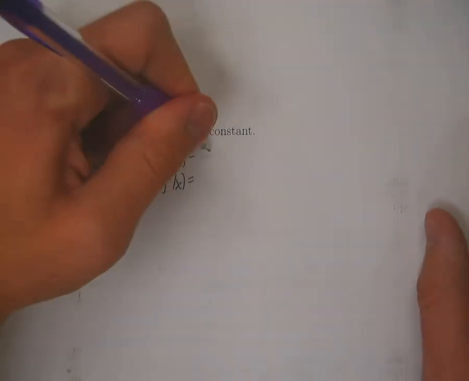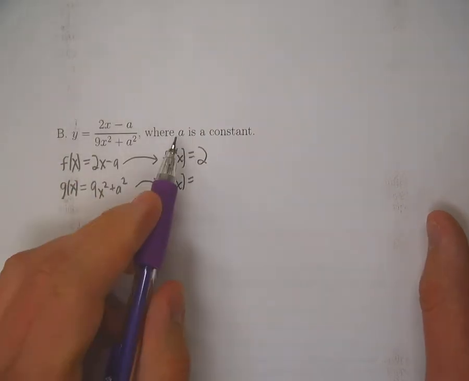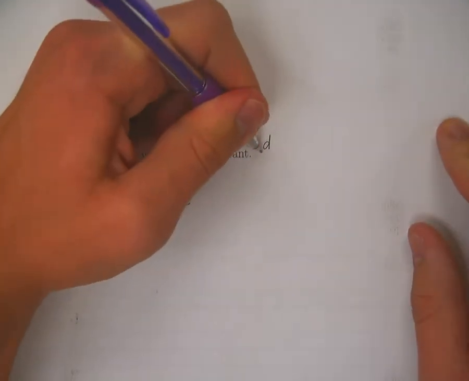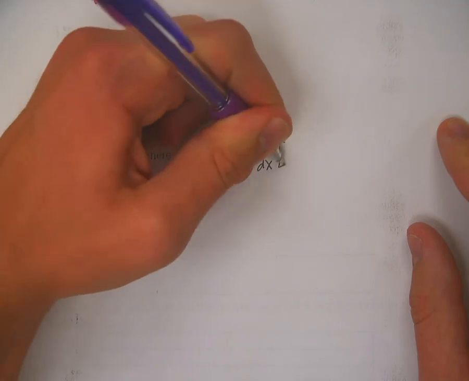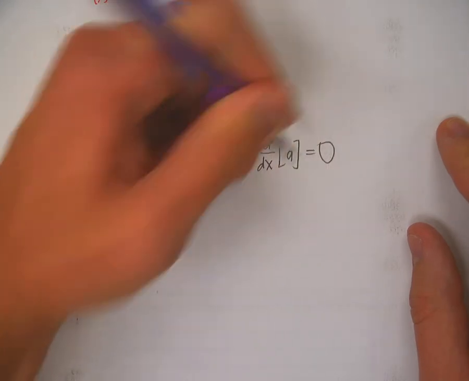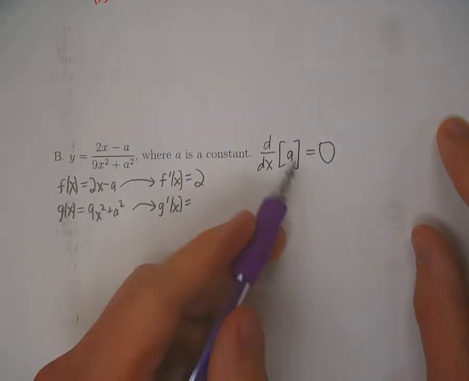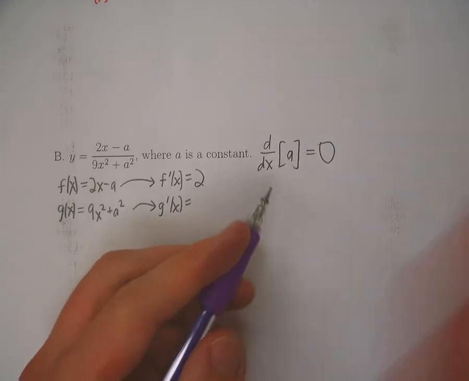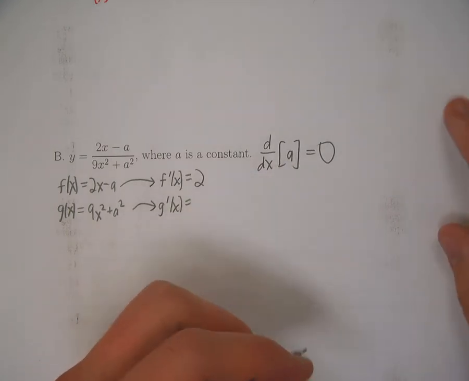It's 2, right? Because remember, a is a constant. So in that case, all that says is that a quick application of the constant rule just gives you a big fat 0. Even if there's a square here, a is still constant, so you still get 0 out of this.